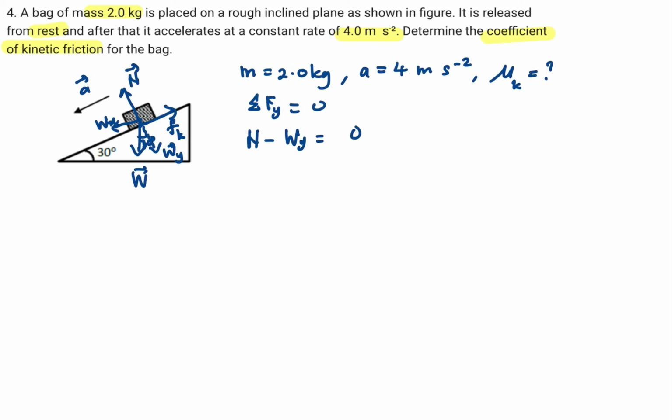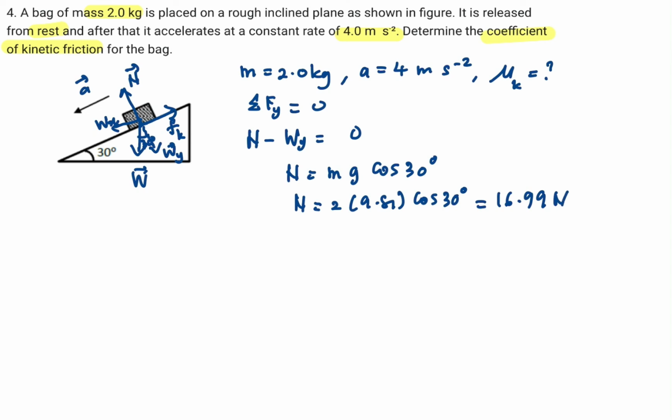So N will be equal to mg cos 30 degree, because Wy is adjacent and the hypotenuse is W. So N is 2 times 9.81 cos 30 degree, where you will get 16.99 Newton.